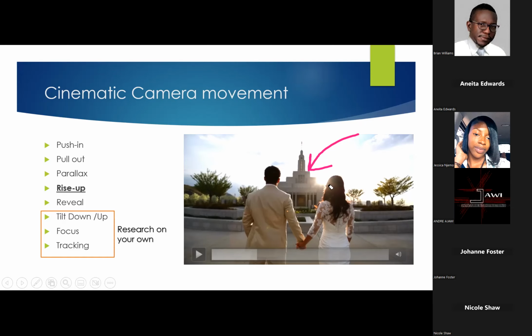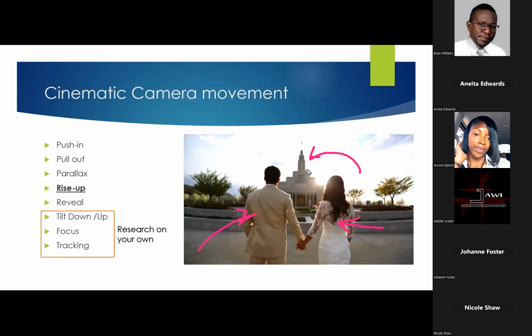Then also the next thing we're going to look at is storytelling, because that makes your shots way more interesting. If you think about the story that this is showing, it's saying that, hey, these two people were married in this chapel, right? Or are going to be married or were married.